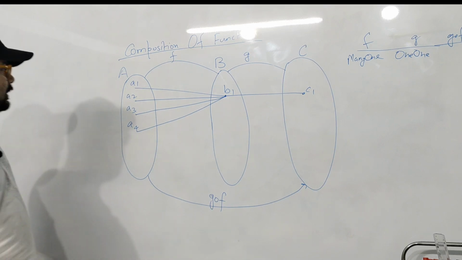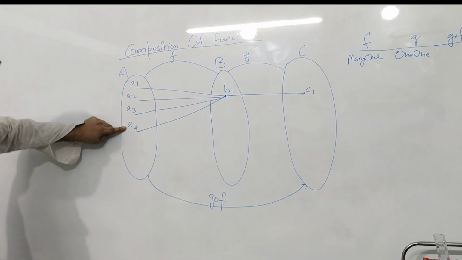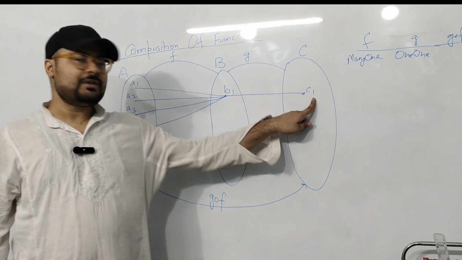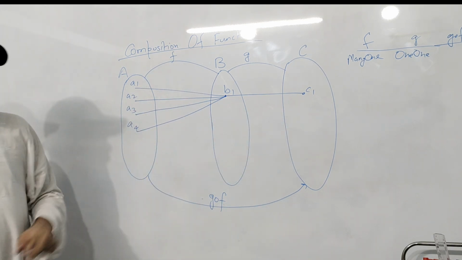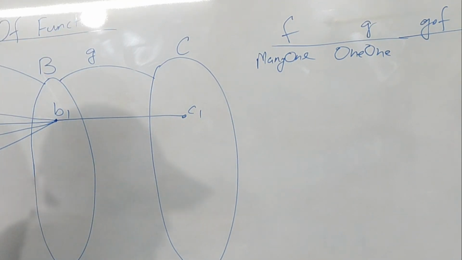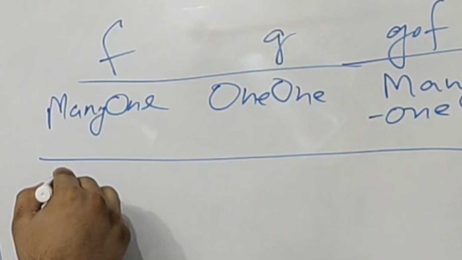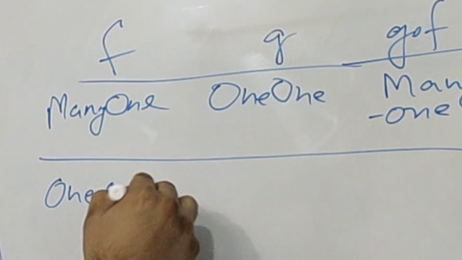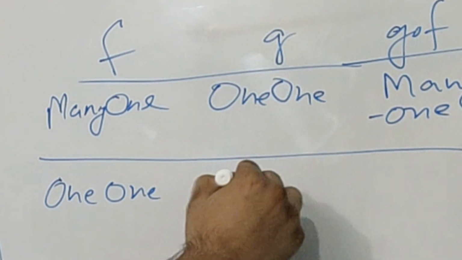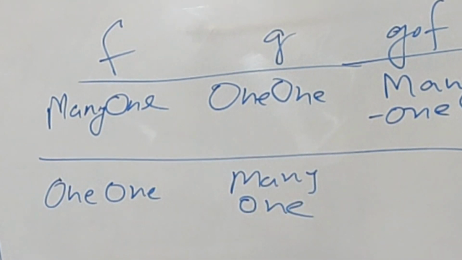It means that in your GOF, all of A1, A2, A3, A4 will be mapped to C1. So it will become many-one. So when F is one-one, but G is many-one, then what is GOF?